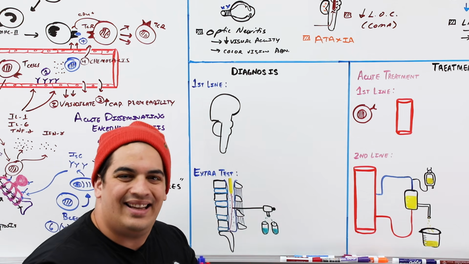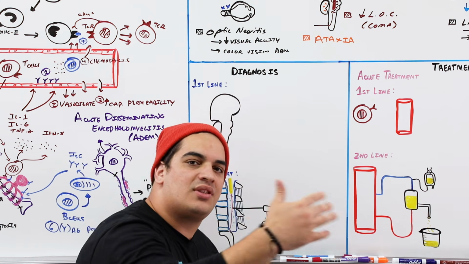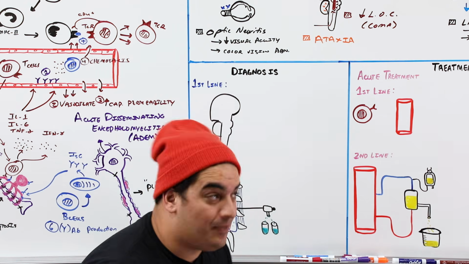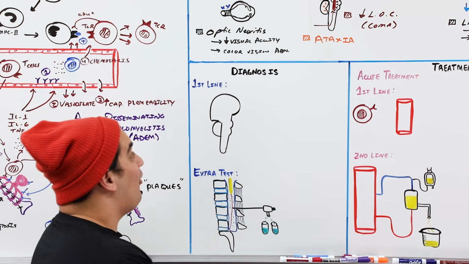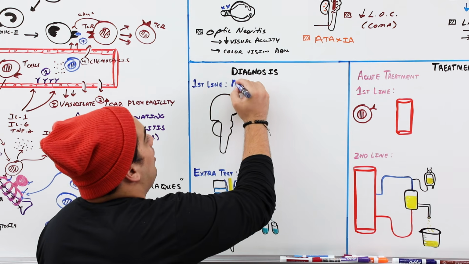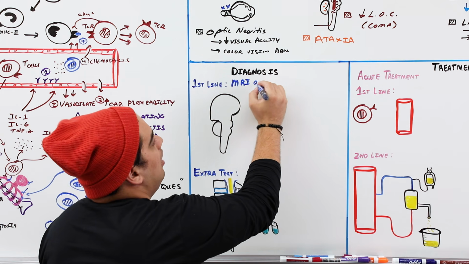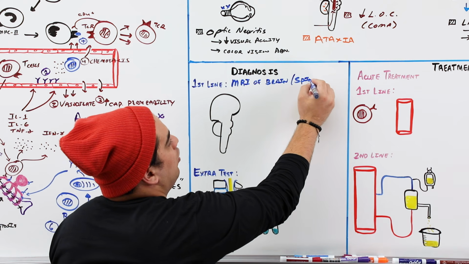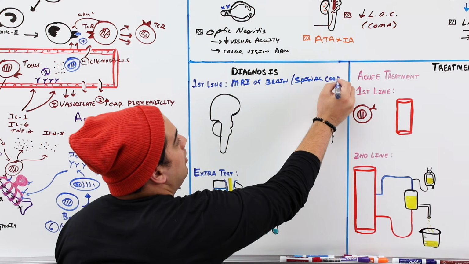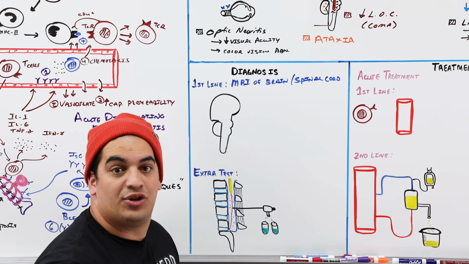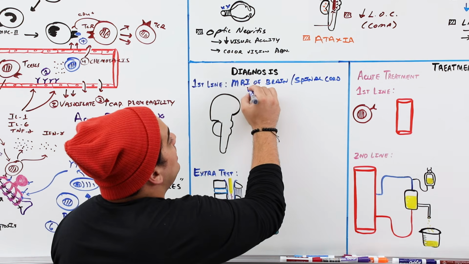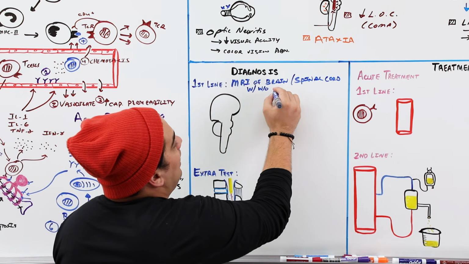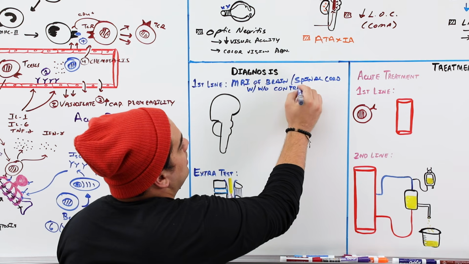I'm thinking ADEM. What is the first-line diagnostic test to ADEM? Well, I need to get an MRI, and I need to get an MRI of the brain and the spinal cord because this involves both of them. Right? We obviously see that by the clinical features above, but I want to see this with and without contrast.